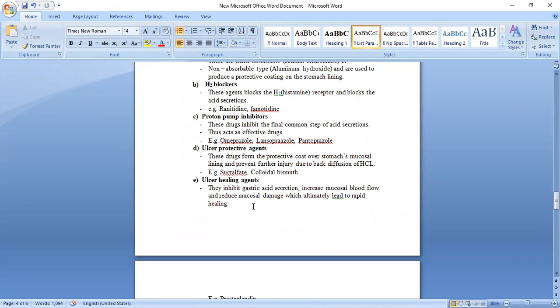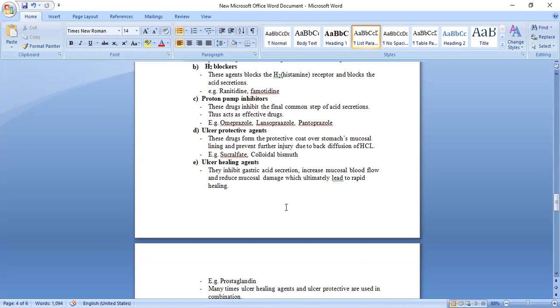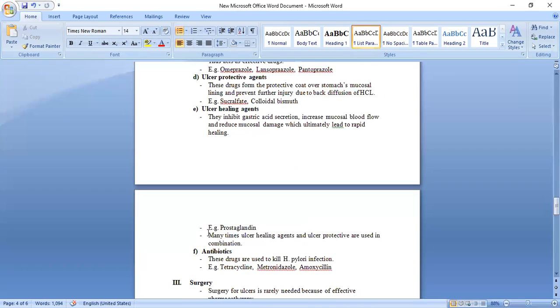They will reduce the damage to the mucosal membrane, and that's why rapid healing is there. These are the ulcer healing agents. Example, that is the prostaglandin. Many times ulcer healing agents and ulcer protectives are used in combination. Sometimes doctors will prescribe both together.